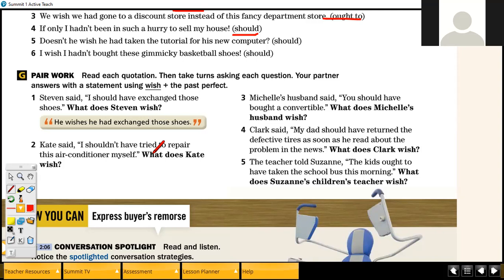Number 5, the teacher told Suzanne, the kids ought to have taken the school bus this morning. What does Suzanne's children's teacher wish? You begin with the teacher, okay? The teacher wishes the kids.